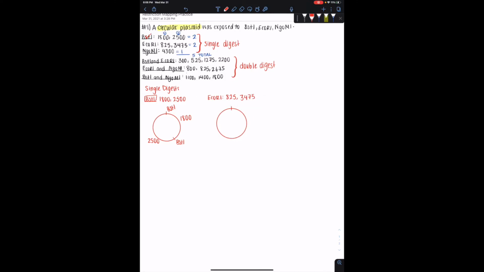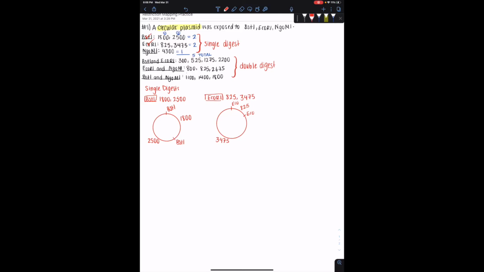We have one cut right there and another cut, labeled E. Then we have 825 for that small piece right here, and this larger part is going to be 3475. And we're already done with our single digest of Eco.